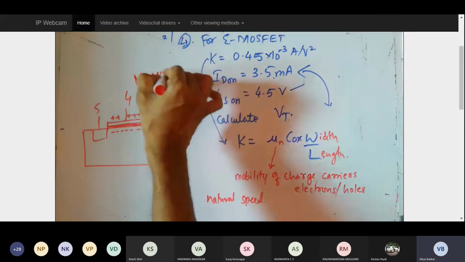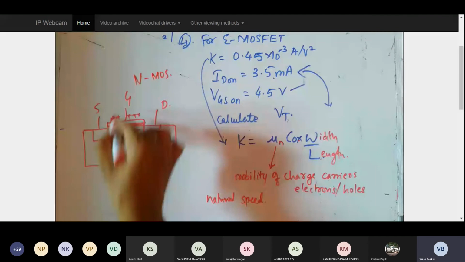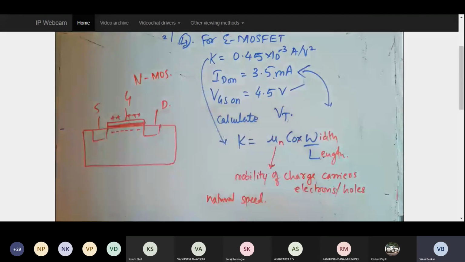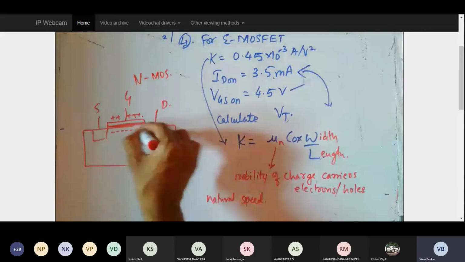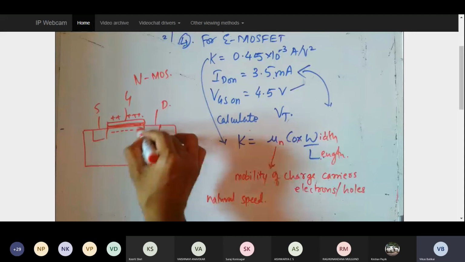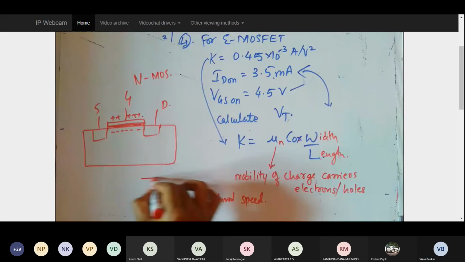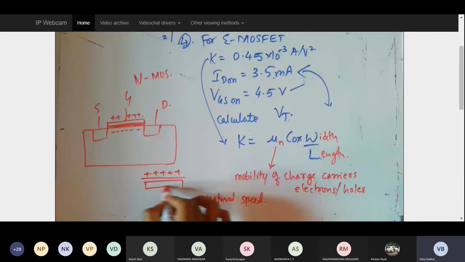If you carefully observe over here, there are positive charges over here. There is an oxide layer in between, and there are negative charges over here. Can you tell me which particular element resembles this structure? There are positive charges, in between there's an oxide layer, and there are negative charges.